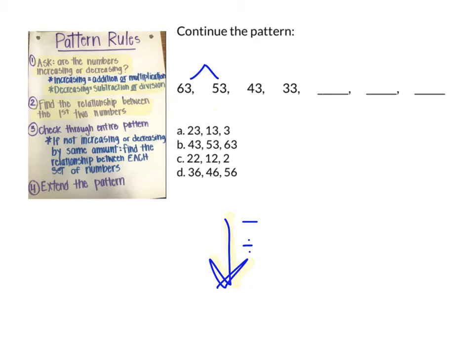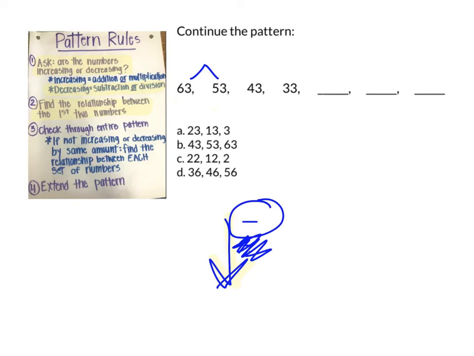If we divide 63 by 1, we get 63. That doesn't match the next number in my pattern. If we divide 63 by 2, we get 21. That's much smaller than 53. So we know that we're not going to divide. That means we're left with subtraction.